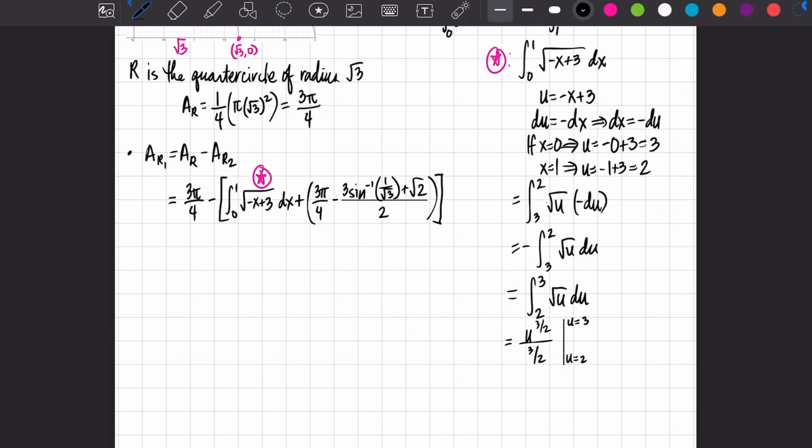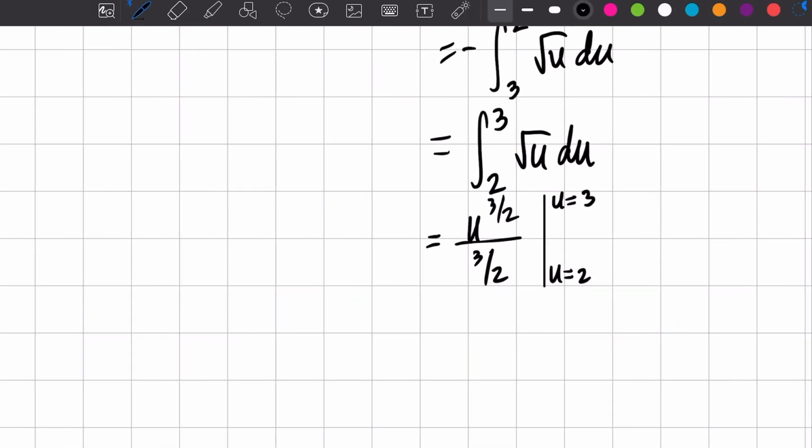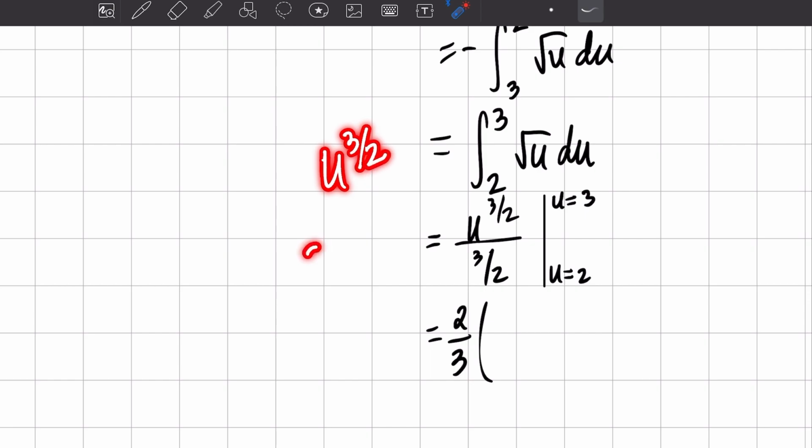Okay. So plugging u equals 3 and u equals 2, what we'll have here, first we have 1 over 3 halves. So that's just 2/3. You have 2/3 multiplied by, first we have u raised to 3 halves. So that's 3 raised to 3 over 2.